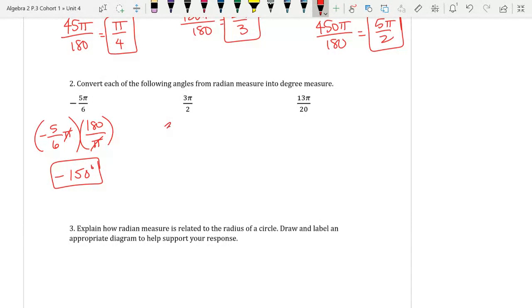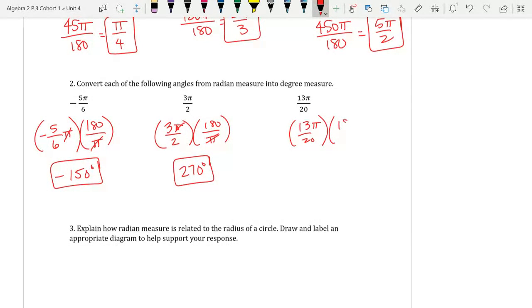Three pi over 2, so we're going to say 3 pi over 2. Multiply that again by 180 over pi. The pi should cancel. Type that in your calculator, and you're going to get 270 degrees. Next is 13 pi over 20, so we'll take our 13 pi over 20 and multiply that by 180 over pi.